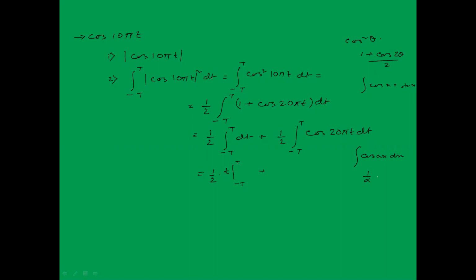So according to trigonometric knowledge, its value is 1 by a sin ax. So this is 1 by 20 pi sin 20 pi t from minus T to T.